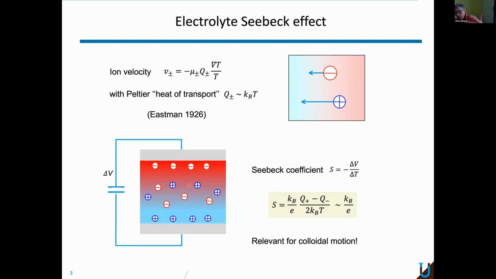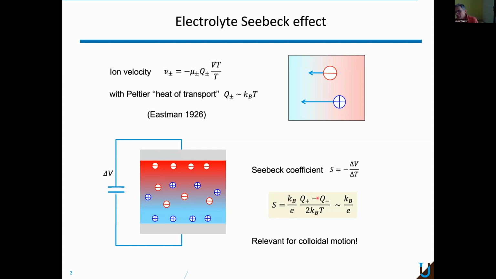And now when you apply this temperature gradient to a material, all the ions move towards the cold, but sometimes the cation or the anion moves more rapidly, as here the case for the cation. So the cation accumulates a little bit at the cold side, the anions at the hot side, and then you have to apply Gauss' law, and then you find quite rapidly the potential which you can measure between 2 electrodes, and the corresponding coefficient, which is quite generally given as, so important things are, there is one prefactor, Kb over E, which is kind of a natural quantity.